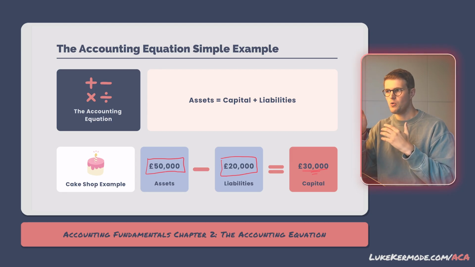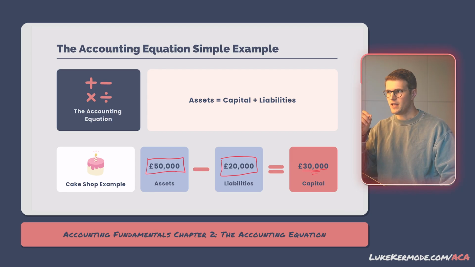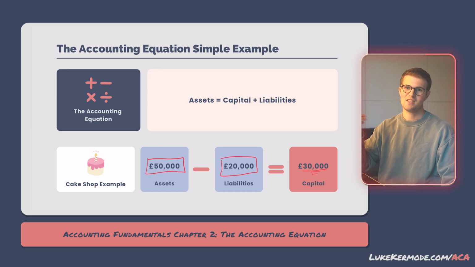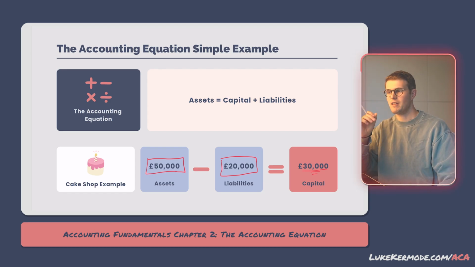So for example, if you buy a computer with cash for £5,000, then your assets will stay the same, because the computer that's coming into the business will increase non-current assets by £5,000, but cash is going to decrease by £5,000, leaving total assets completely unchanged.